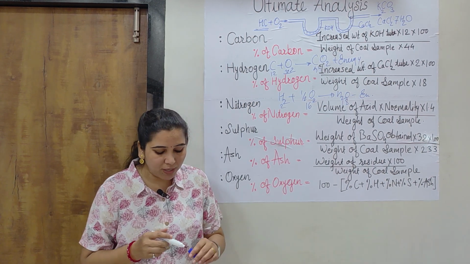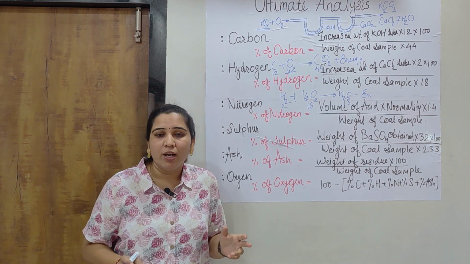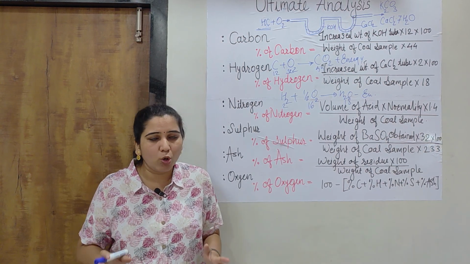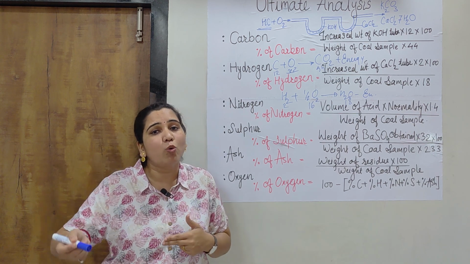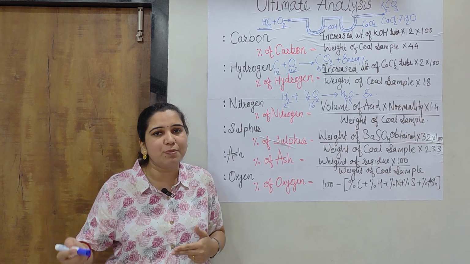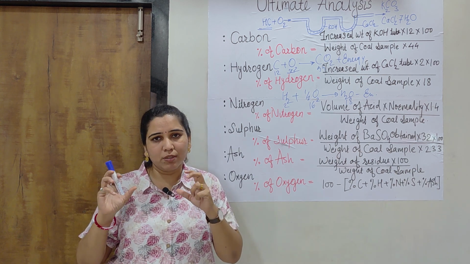But in the case of hydrogen particularly, when hydrogen is there as H2, it will be good for the quality or the health of the coal. But when it is converted into water, that is moisture present inside the coal, it will not be helpful for giving energy.